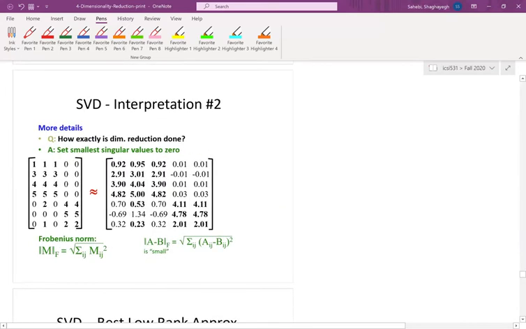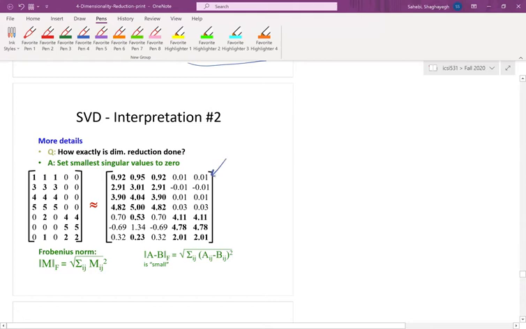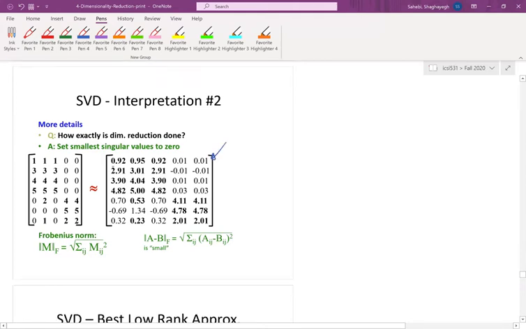Now, how close? We can actually calculate that. How? We can multiply these three matrices and see what matrix we are going to achieve. Now, if I multiply these three matrices, my results are going to look like this. And you can see that the numbers in this matrix are close to the numbers in the original matrix. They are not exactly the same, but they are close to each other.